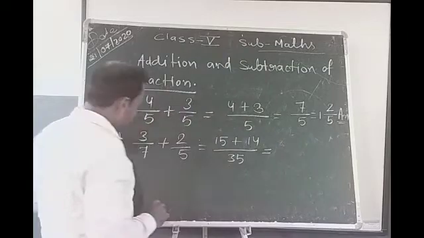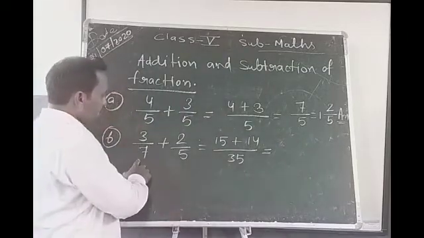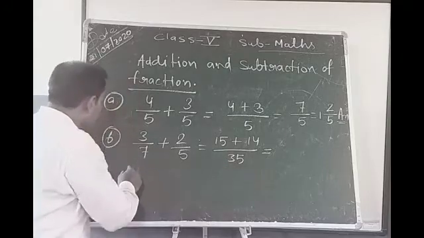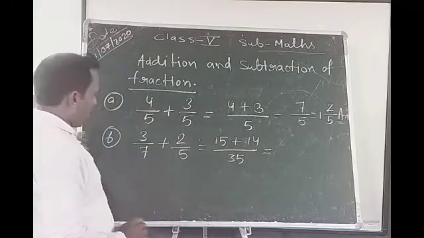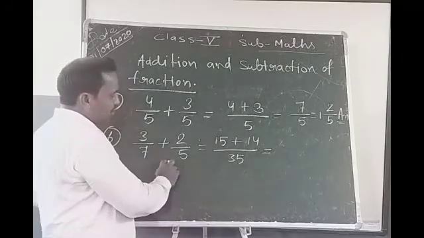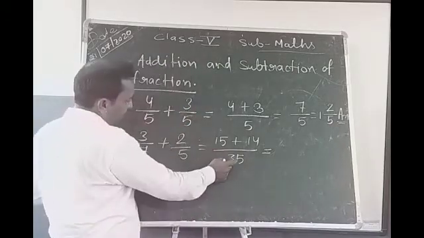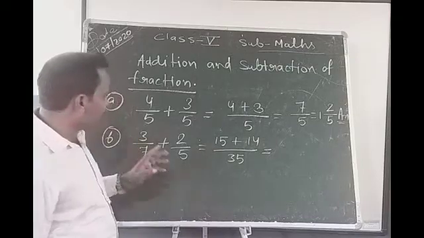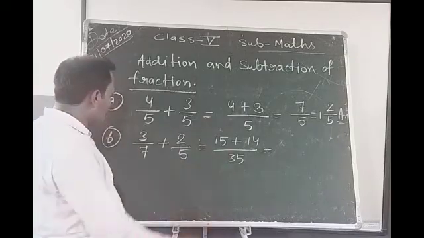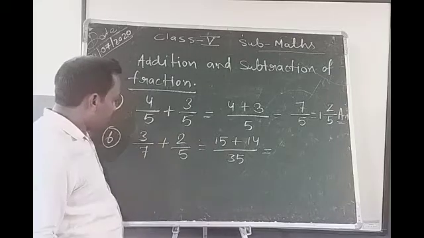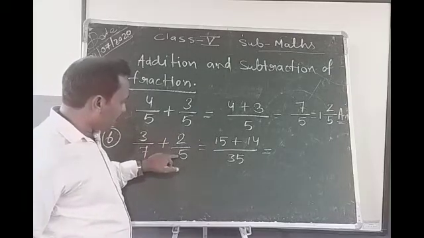Now the third step. First, you take the LCM of both numbers. What is coming? 35, because 7 and 5 are both odd numbers, so 7 fives are 35. Multiply by 2, and here divide 7 into 35, then how many times is it coming? 5 times. So 5 multiplied by 3, 5 threes are 15, and next, down here is 5.